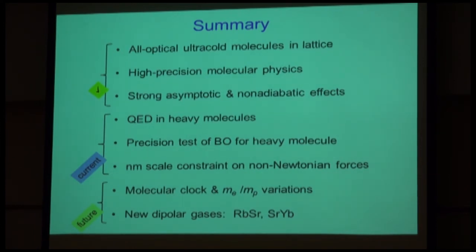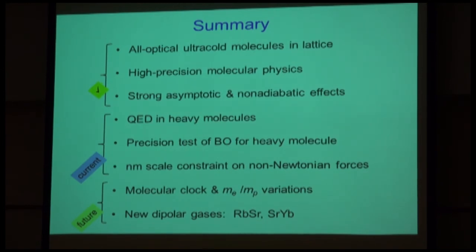So one has to use tricks in order to avoid that inhomogeneous broadening. The tightly bound molecule sees a slightly different Stark shift than the weakly bound molecule. And then as you sample different areas of the lattice, you get that inhomogeneous broadening.